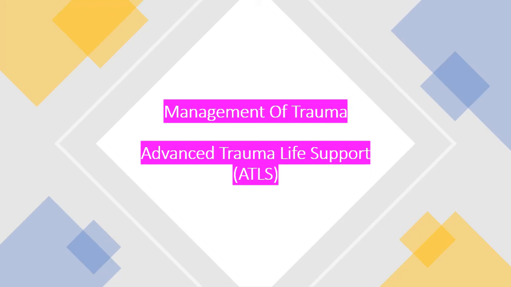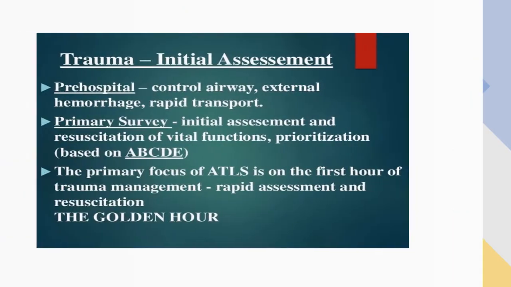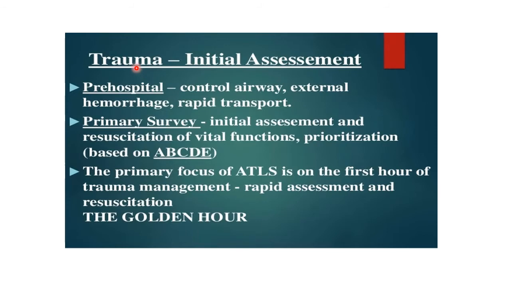Now let's go through some principles of management of trauma, adopting the so-called Advanced Trauma Life Support, or in short, ATLS. The initial treatment of the trauma patient starts before the patient reaches the hospital, the pre-hospital stage, where airway control is established, external hemorrhage is stopped, and the patient is rapidly transferred to the nearest hospital.